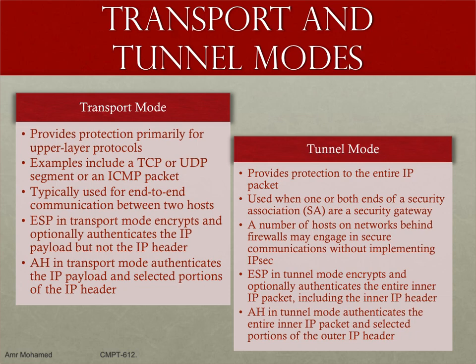So these are the different modes of security when it comes to IPsec. So IPsec provides two modes of security, which is the main topic of today. So IP security provides transport mode security or tunnel mode security. So transport mode security is used solely for host to host.